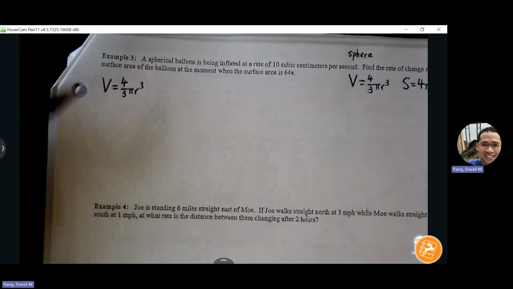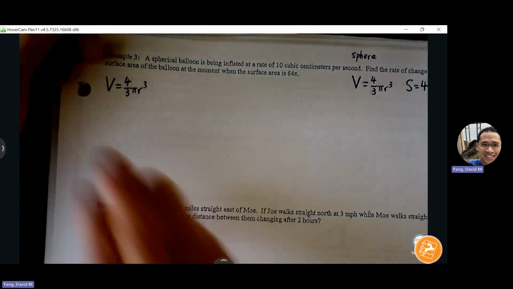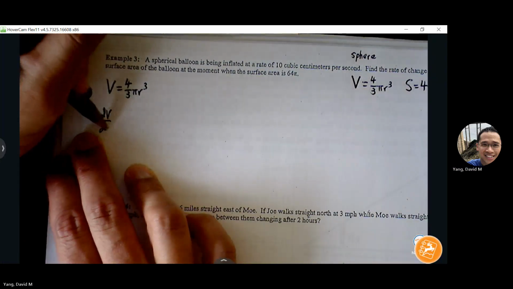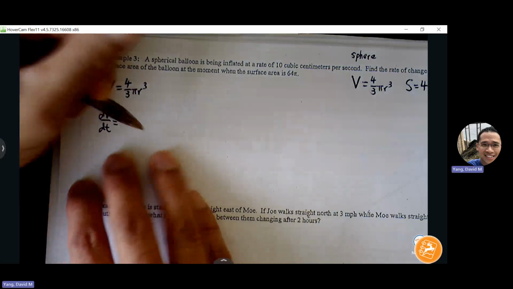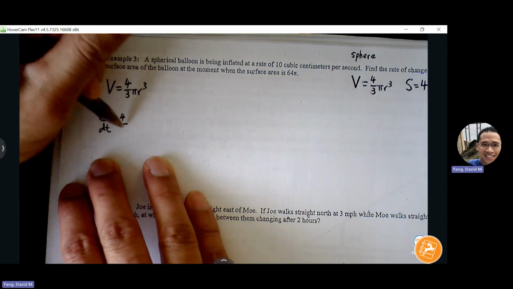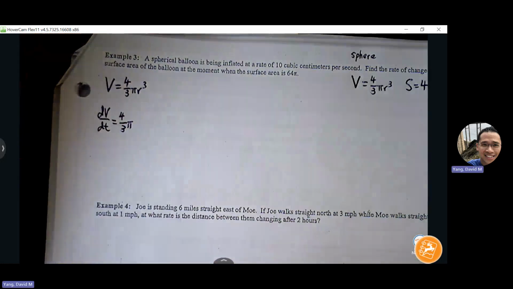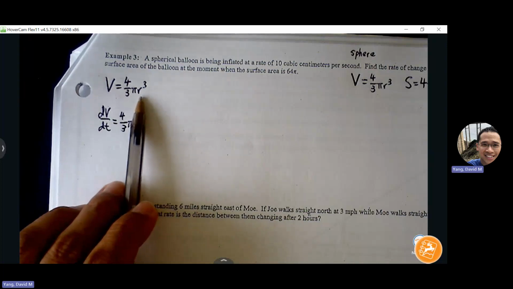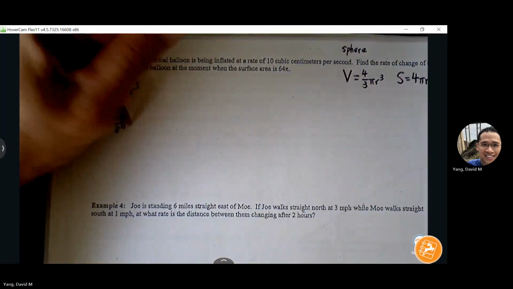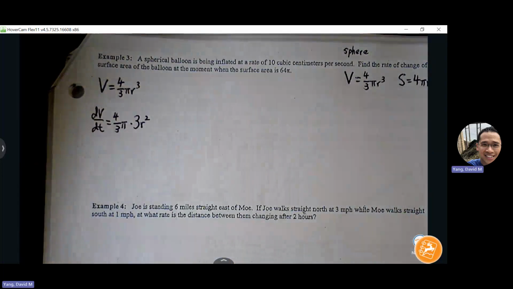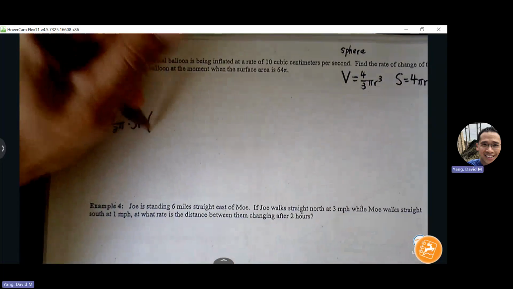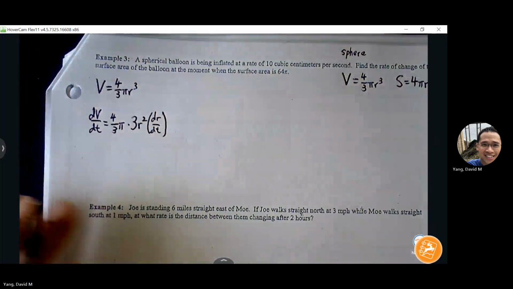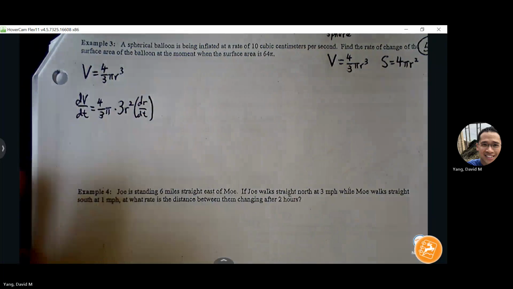Okay, let's go through a derivative here. What does V become? dV over dt. 4/3 pi isn't going to go anywhere, just a number that happens to be in front of my variable. Power rule is going to impact r cubed though. What's the derivative of r cubed? Okay, 3r squared. Anything else? dr/dt.